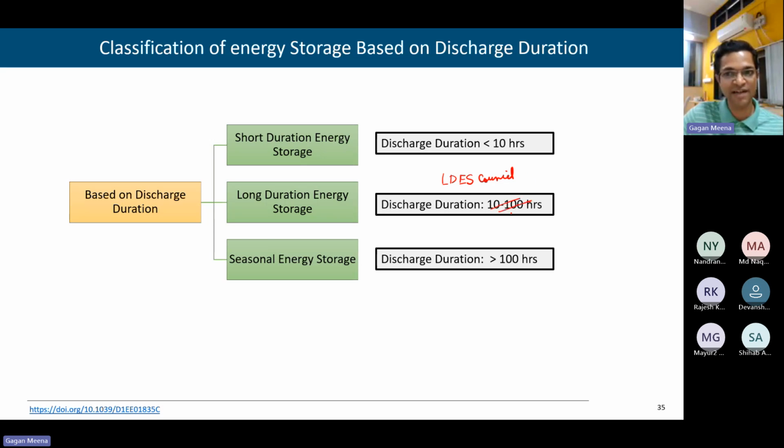As per their definition, a discharge duration of more than 8 hours falls under this category of long duration energy storage. So this will be 10 hours and this will be 8 hours. Right now, no one is in this category because right now it's not even a problem.